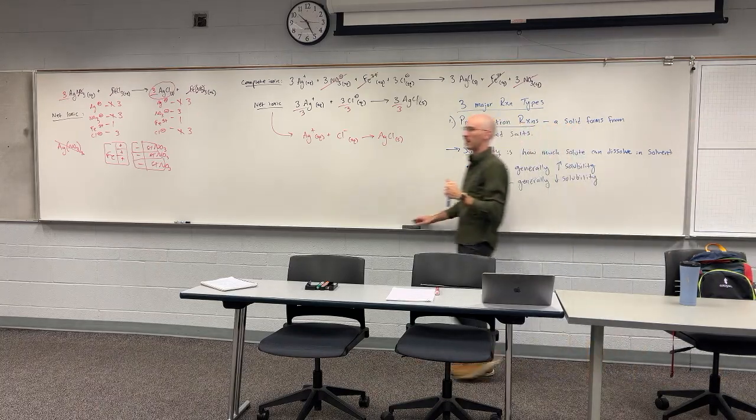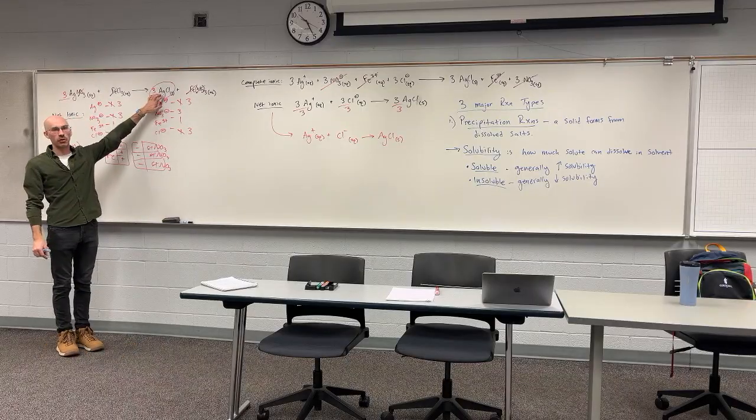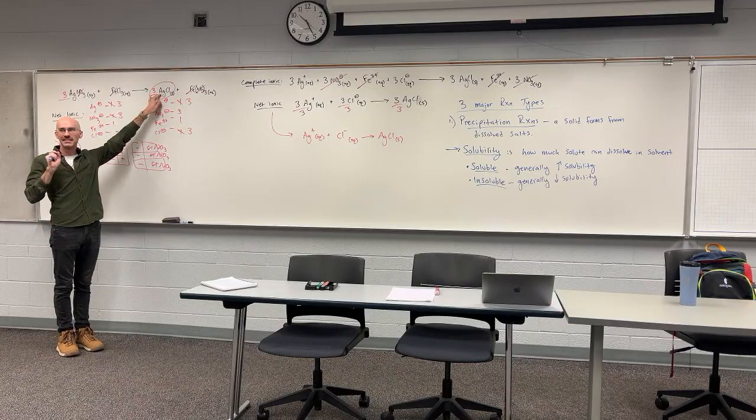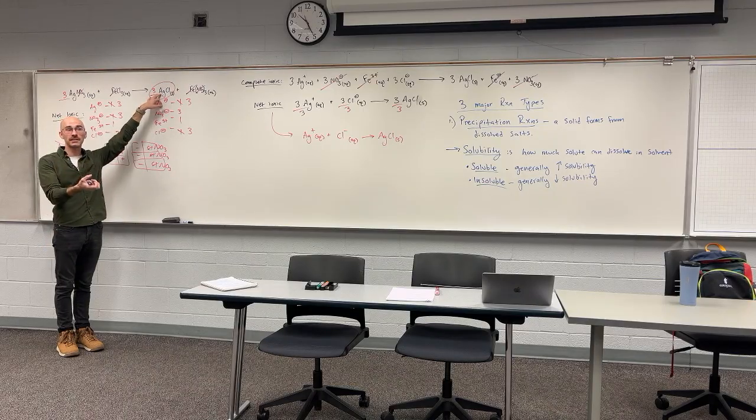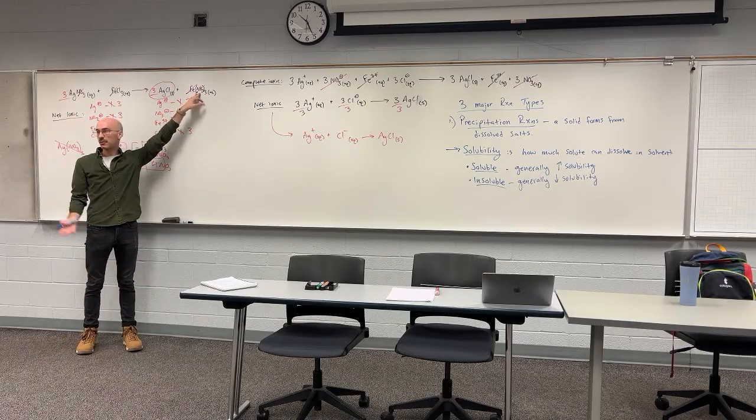I do want to point out a tricky part of this. We would say silver chloride here is insoluble. That's why it precipitates and forms a solid, whereas iron nitrate stays aqueous. Those ions stay dissolved.